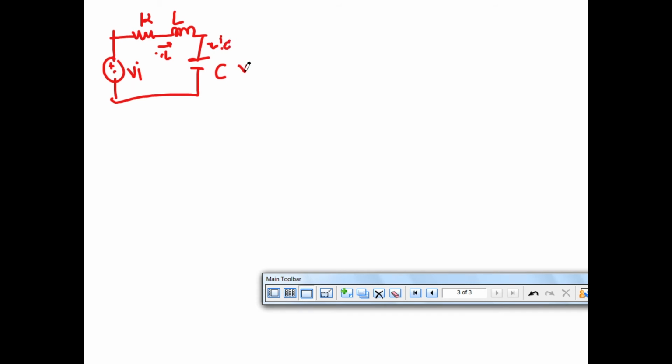The voltage across the capacitor is nothing but this Vc. So I will choose the first variable as IL and Vc. Again we have to take the differentiation, so the first state variable will be dIL by dt and the second state variable will be dVc by dt. First we have to take care of this; this will be my first variable, this will be my second variable.